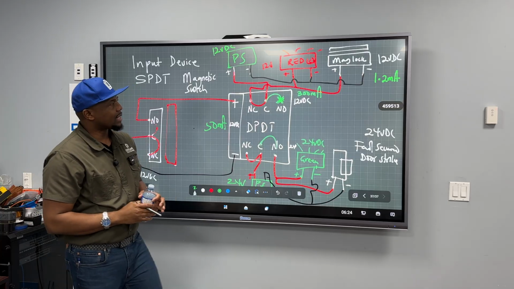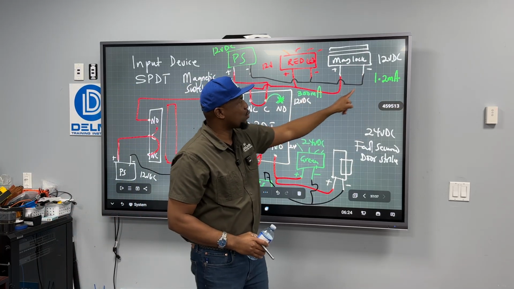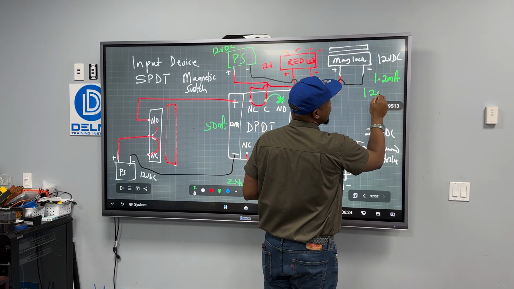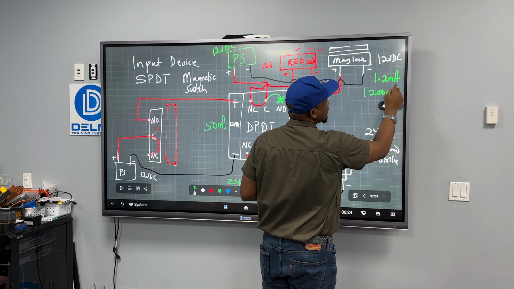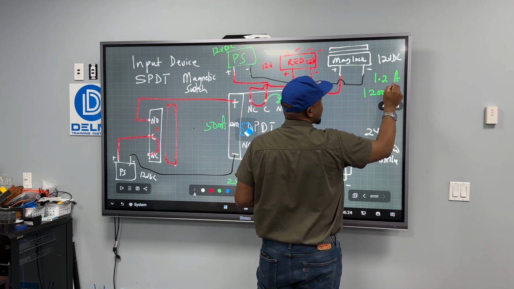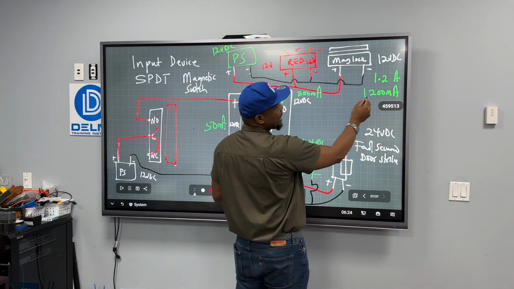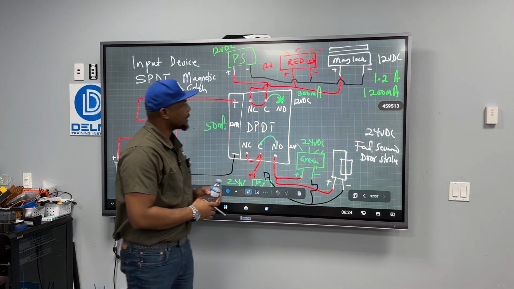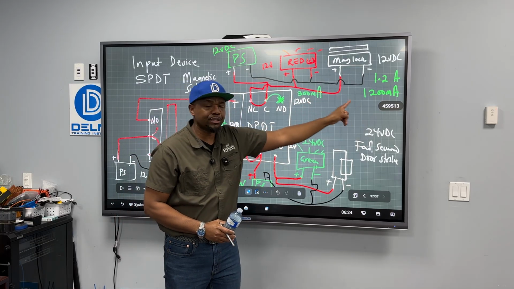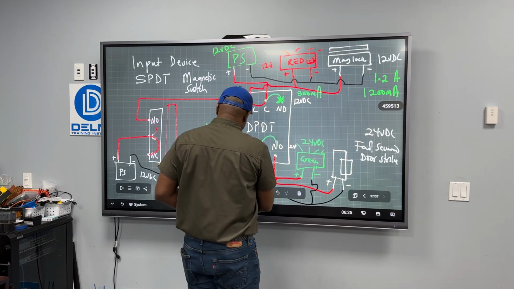What I'm going to do is take 1.2 amps, which is the same as 1,200 milliamps, and add it to 300 milliamps. That gives you 1,500 milliamps, or 1.5 amps.